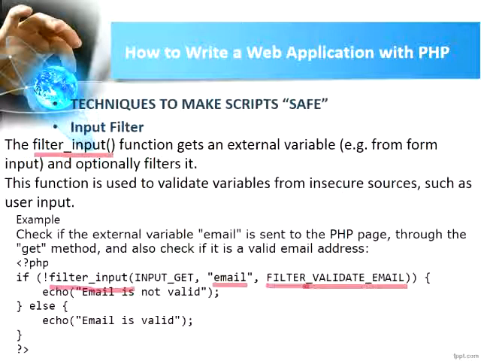But if we don't write FILTER_VALIDATE_EMAIL, in this case filter_input just checks if the email is sent through a GET method, not manually. So I repeat, in this example filter_input has a double role.